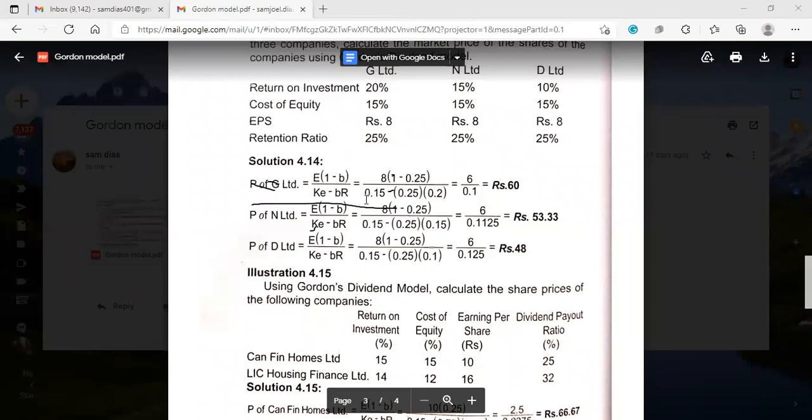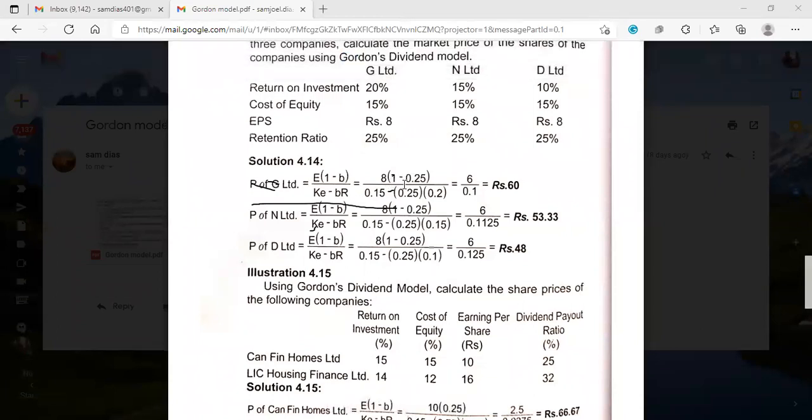Now 1 minus B must be the dividend payout ratio. They have given a retention ratio of 25%. So when 25% is the retention ratio, 75% must be the dividend payout. So 1 minus 0.75.